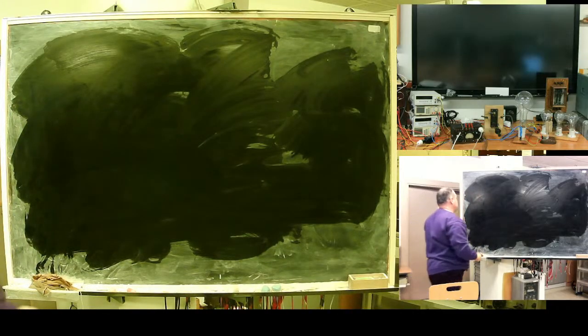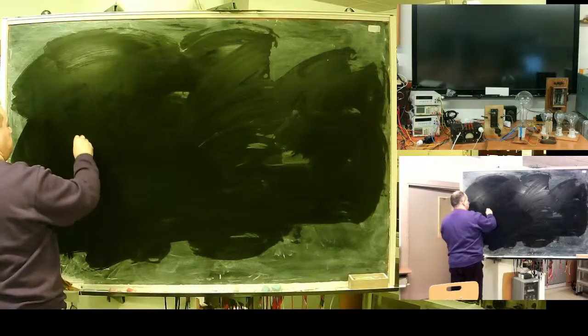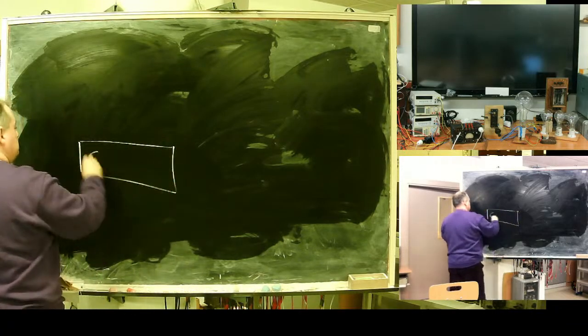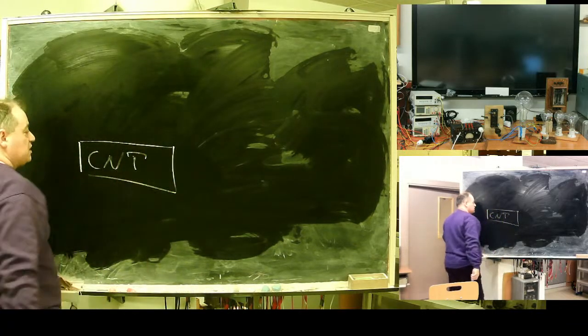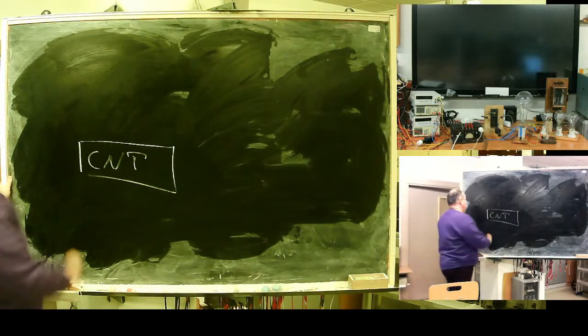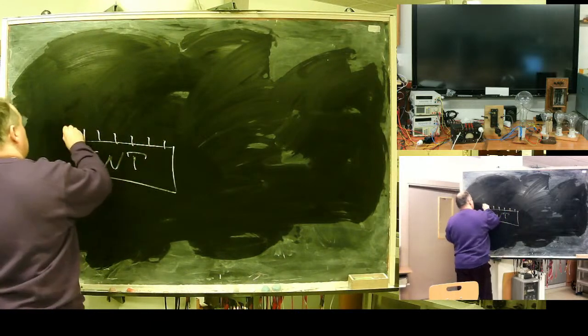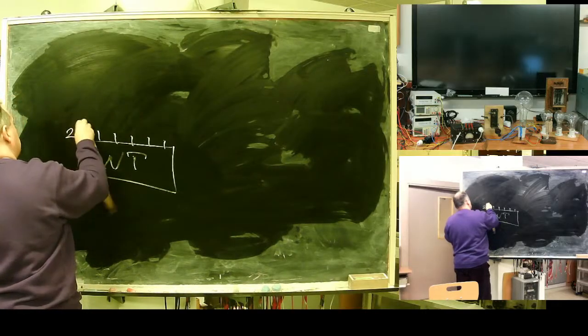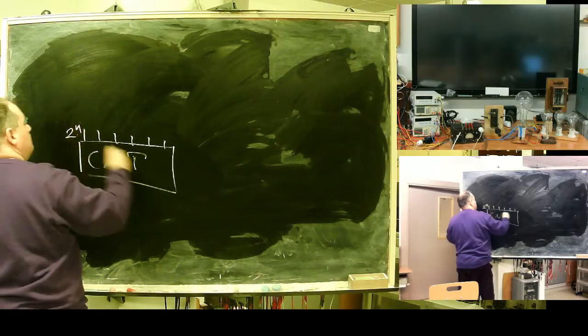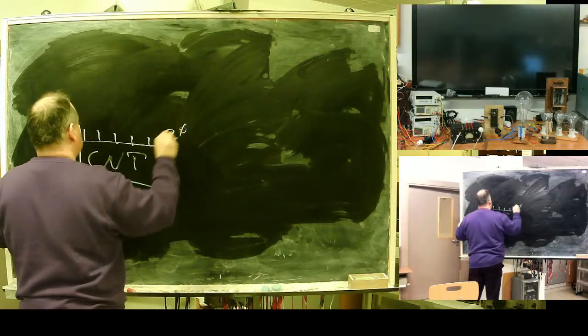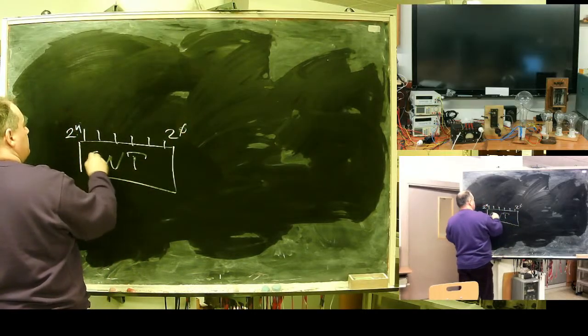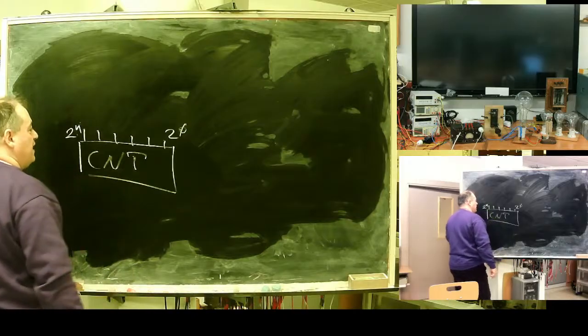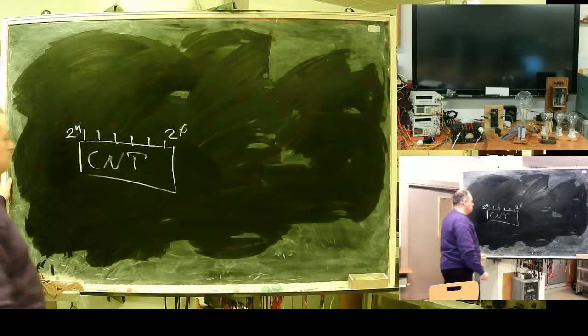Let's say we have a counter, which can count from, let's say, 0 to 2 to the power n. A counter of n bits.